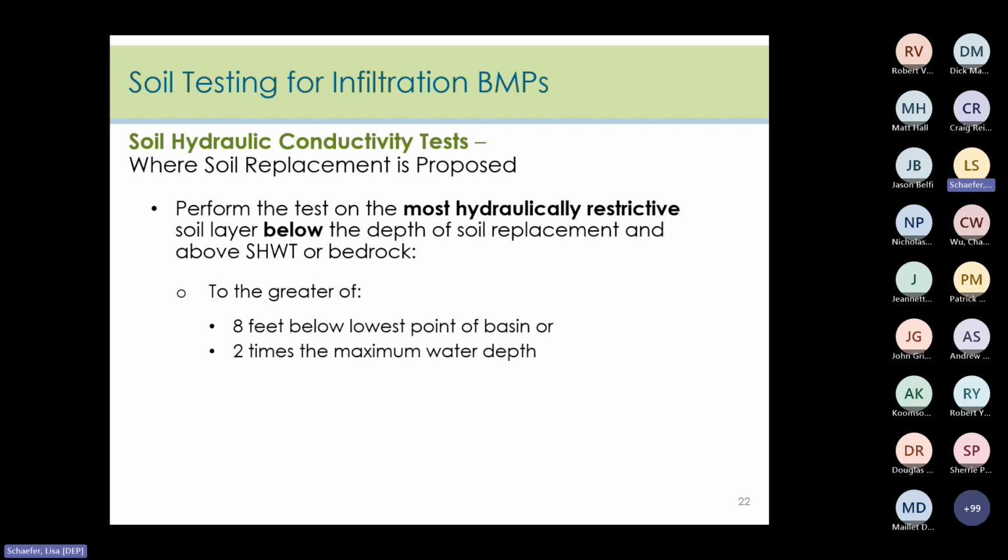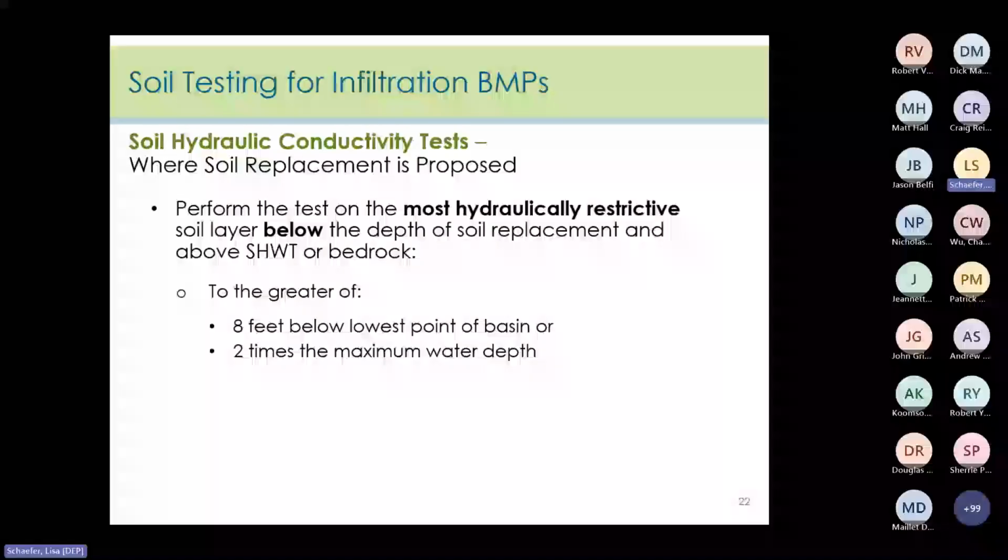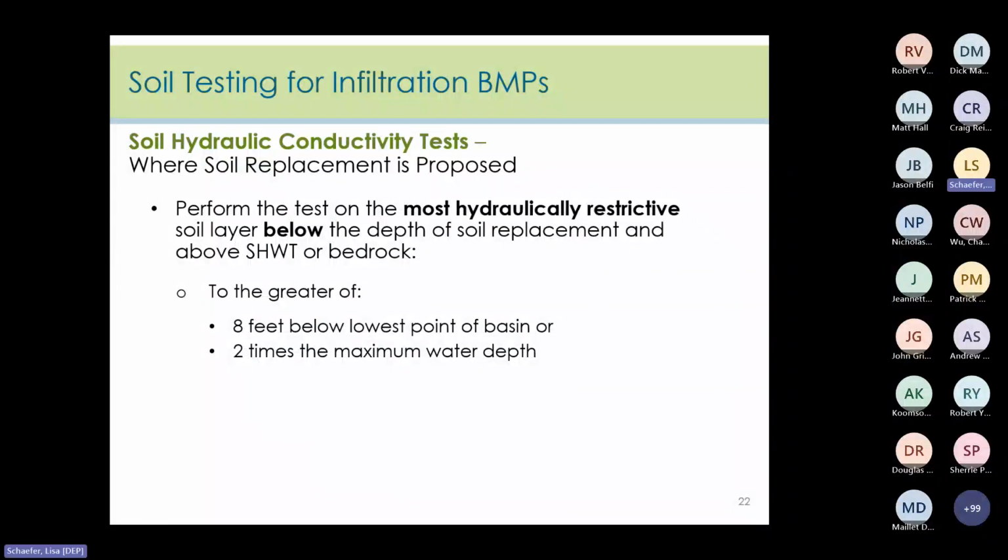Please note that the depth requirement of whichever is greater, that is 8 feet or twice the maximum water depth, is measured from the lowest point of the basin bottom or from the bottom of the soil replacement, whichever is deeper. Very often, we've seen the hydraulic conductivity test performed at the top of the soils to be replaced, but doesn't include the depth of the replacement. That's the wrong place to do this.